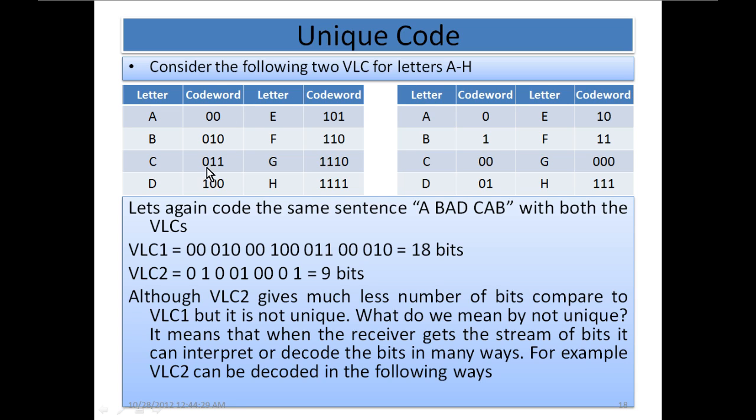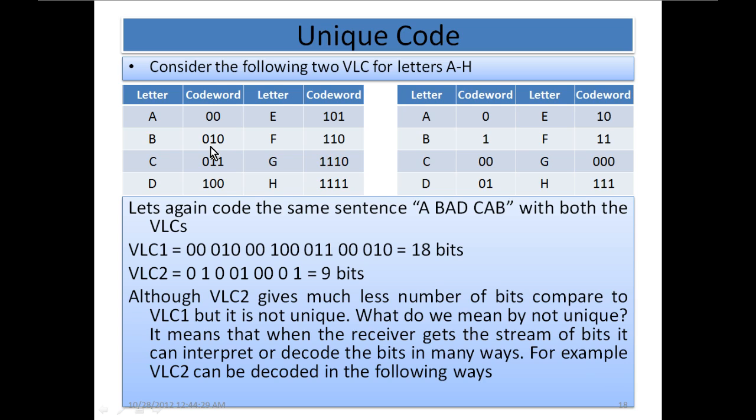Look at here, it is not in the beginning of any code word. Here it is 1 1, 1 1, 1 1. 0 0 is unique. So whenever it receives 0 0, it will know that the only possible combination for this 0 0 is A.